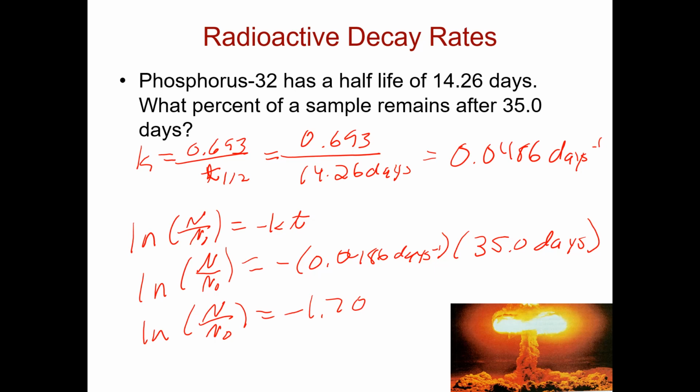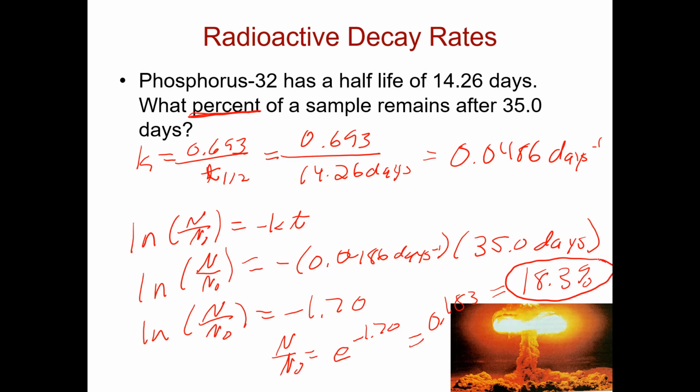And then again, I need to get N over N sub O by itself. So I do that by taking e to the negative 1.70. And if you put that into your calculator, I get 0.183. So that's in decimal form. The question asked me what percent. So to get a percent, I need to multiply this by 100. So I would have 18.3% left.